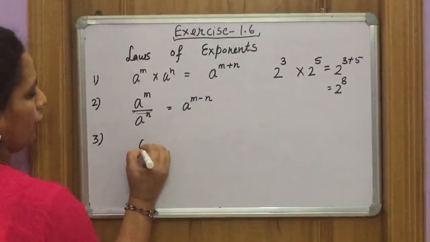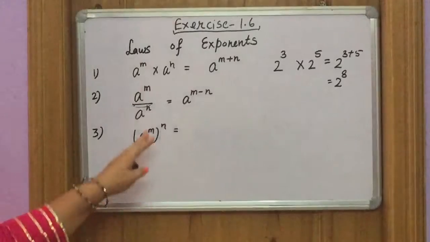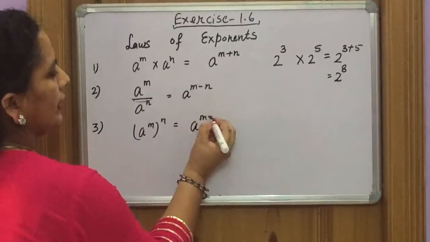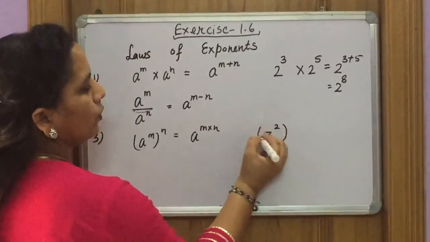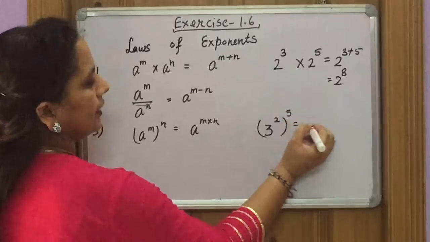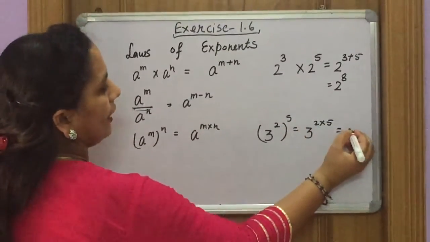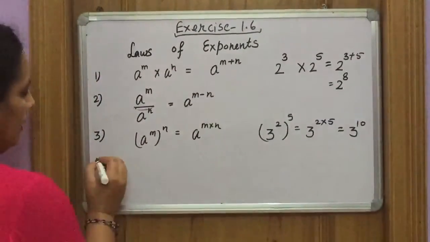Third is, if we have this type of term, that means 2 power, then there will be a sign of multiplication. That means if we have 3 raised to power 2 and 5, then it will be equal to 2 multiply 5, that is 3 raised to power 10.